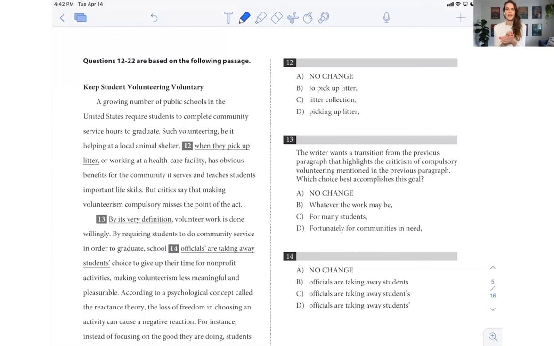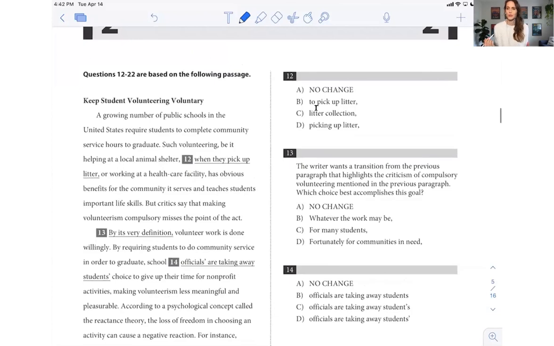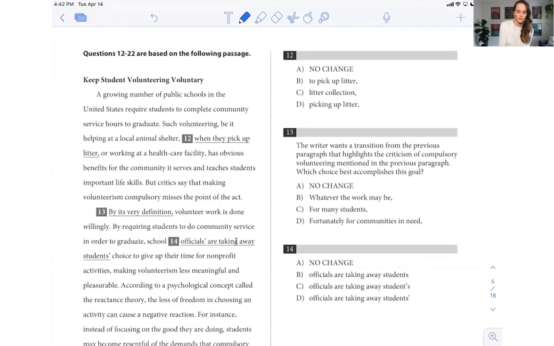Okay, let's get back to looking at the writing and language questions. Let's get back to this passage. So the very first thing you should have noticed is the title says "Keep Student Volunteering Voluntary."